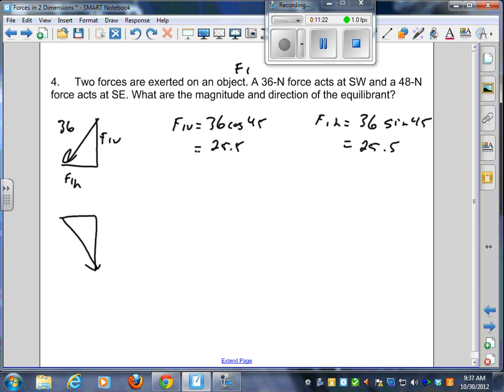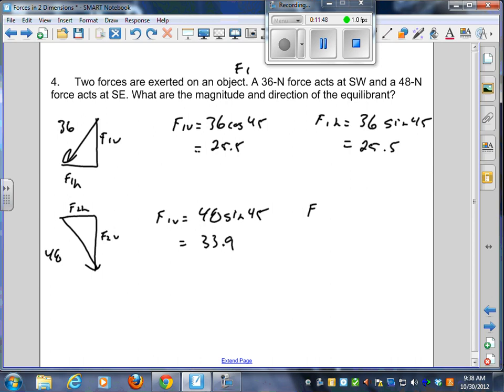Also 45 degrees, except this one is 48 newtons. So this one is F2V, this one is F2H. Vertical is opposite, so that's sine. So F2V is going to be 48 sine 45. 33.9.